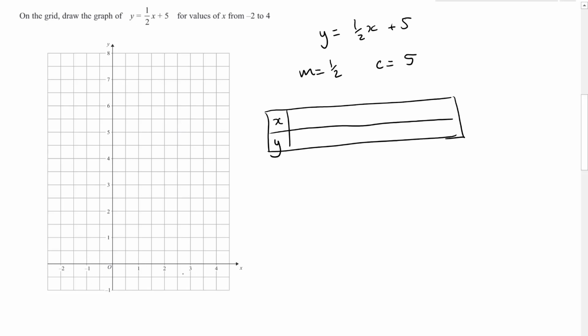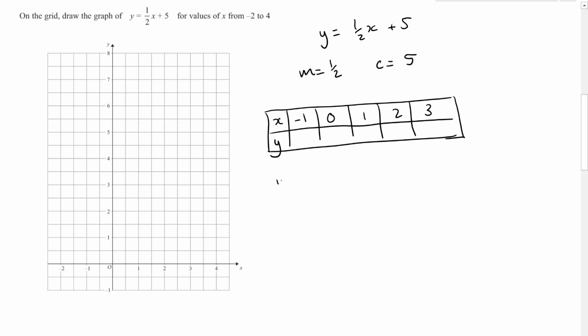I recommend doing 4 or 5 just to make sure that you're getting the right thing, and then after that you can just extrapolate, i.e. just make a line fit the whole graph. So let's start with -1, we'll do 0, we'll do 1, we'll do 2, and we'll do 3, and let's not do 4. So we're going from here up to here, and then we'd be able to extend the line either way.